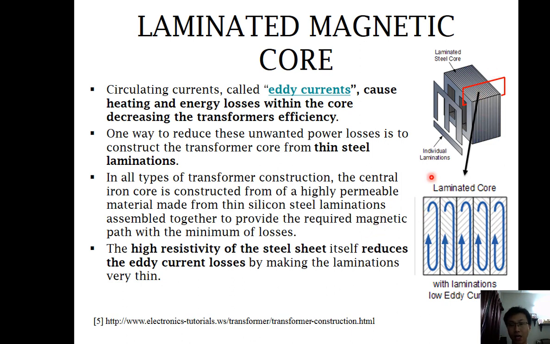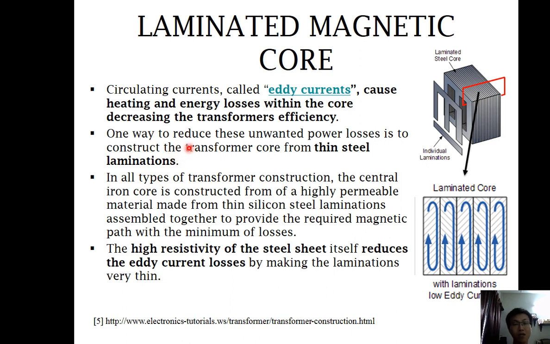When there's an AC coil here, it will generate flux flowing through inside the core. It will generate the eddy current, that's why we call it eddy current. It will cause heating and energy losses within the core, decreasing the transformer efficiency. So it will heat up this core.